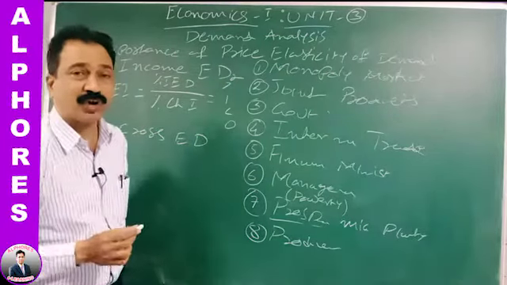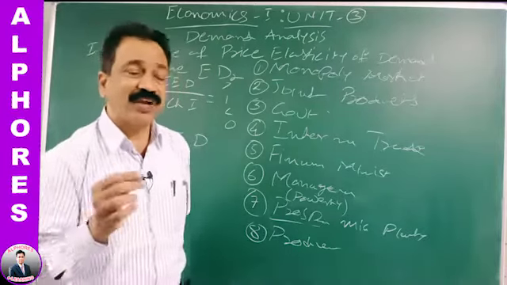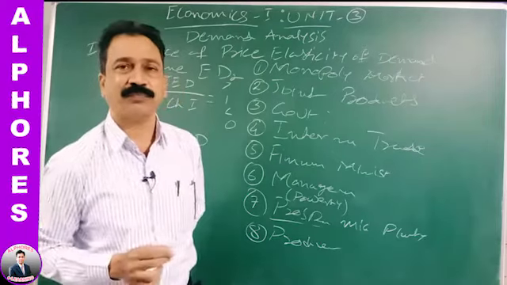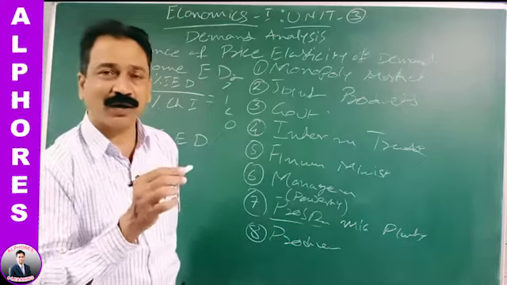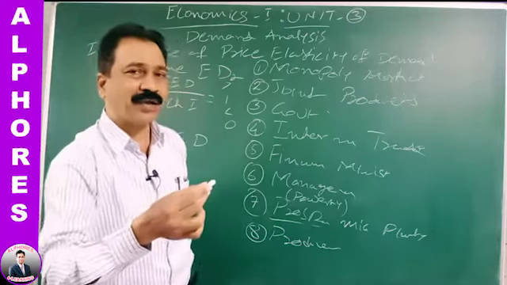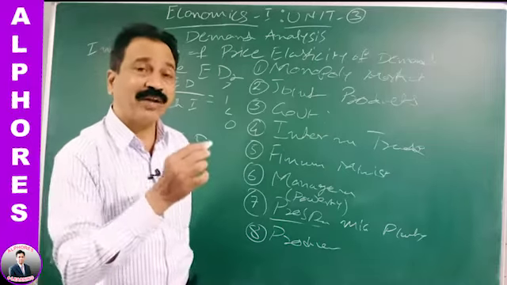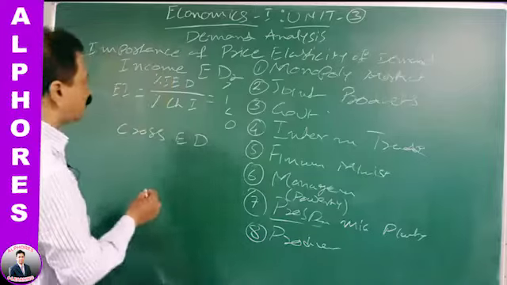We have seen cross elasticity means what? Related goods. Even related goods influence the demand. That is, X's demand will be decided by Y's price, or Y's demand will be decided by X's price. That is what we are going to watch here.